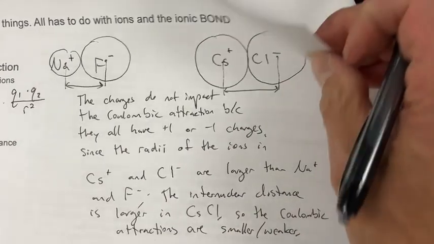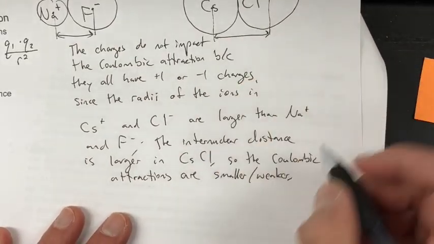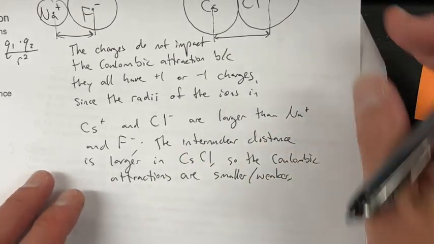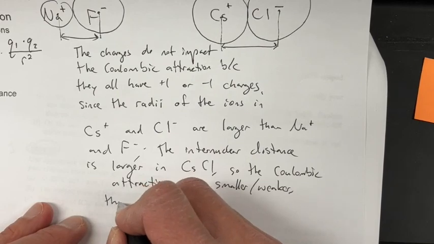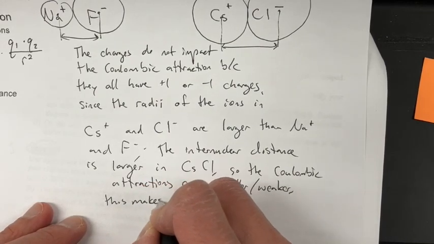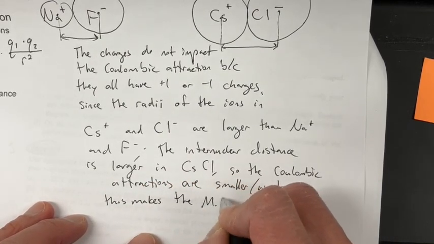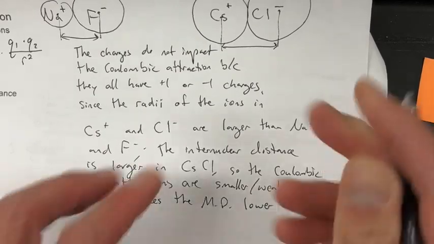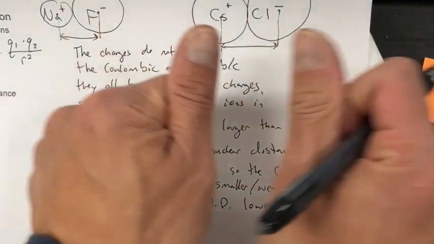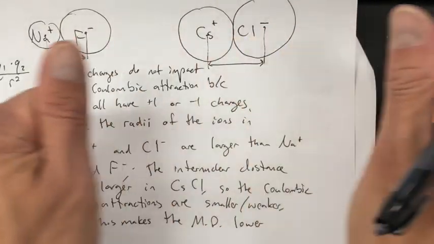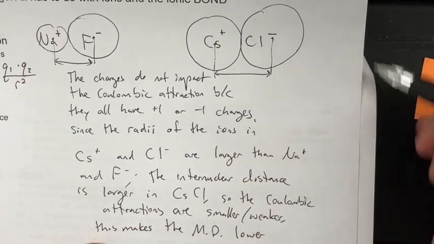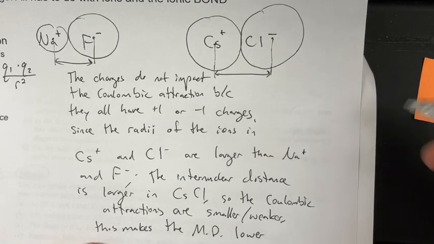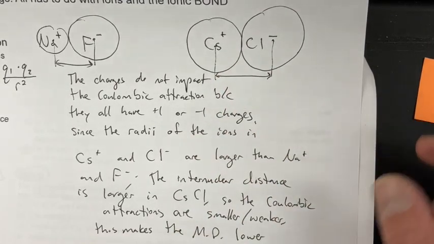And then that in turn makes the melting point lower. Okay, because when we're melting it, remember we're breaking apart this bond. And so that is what's going on when you're melting an ionic substance.